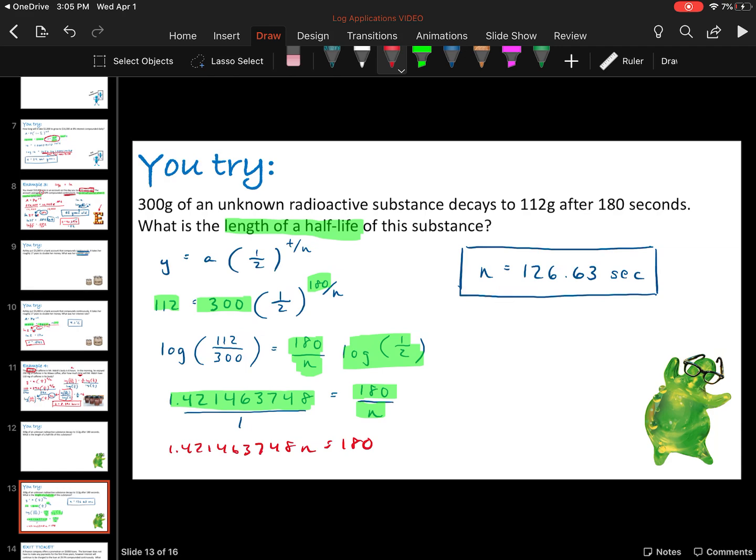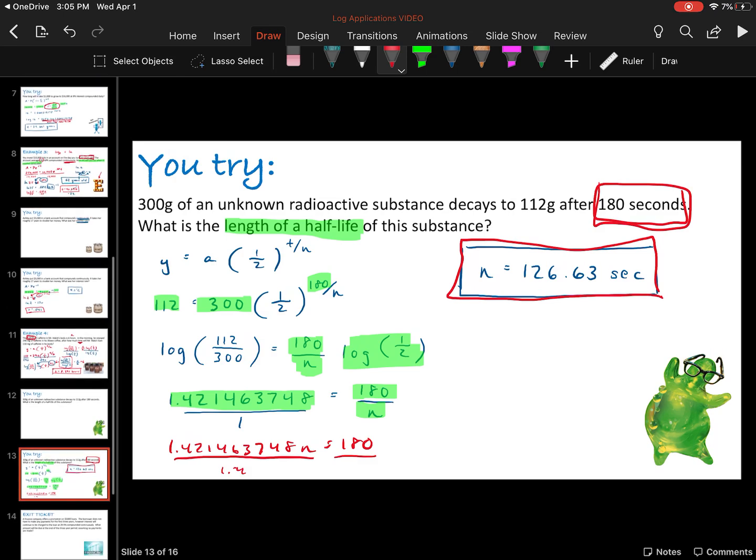And then divide by that big long decimal, 1.4 whatever, on both sides, and you should end up with 126.63 seconds. You can leave your answer in seconds for this one because you were given the question in seconds. You could convert it to minutes if you wanted to, and it would be about 2 minutes and 6 seconds.